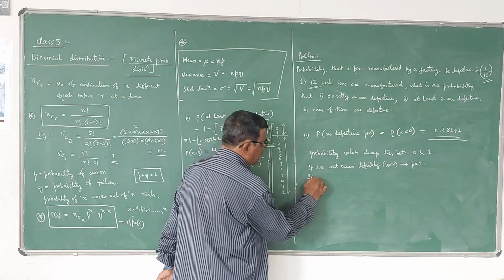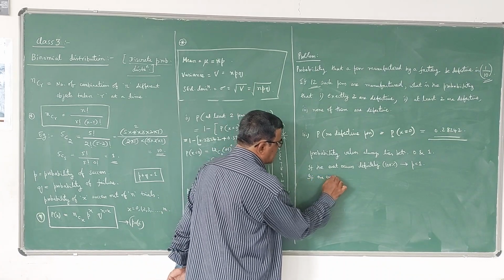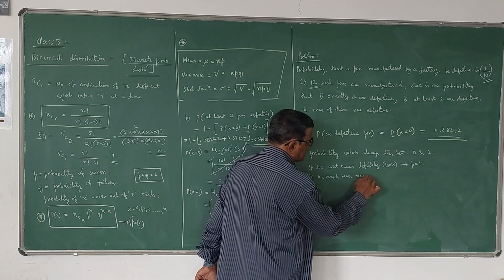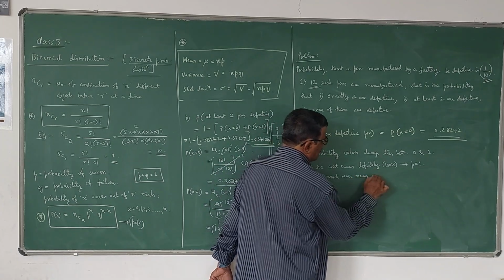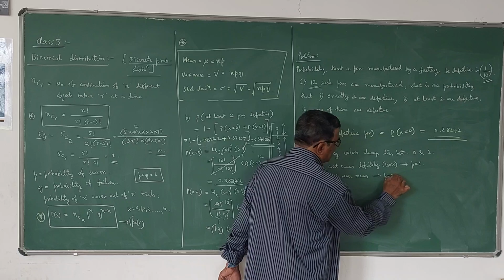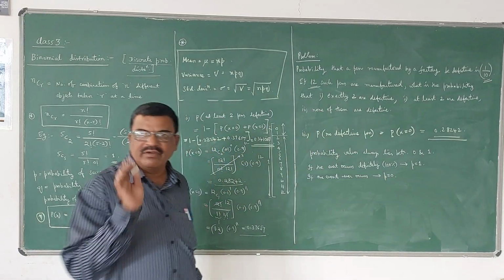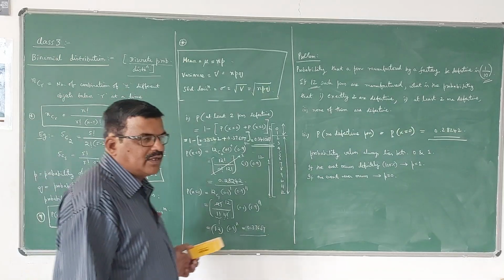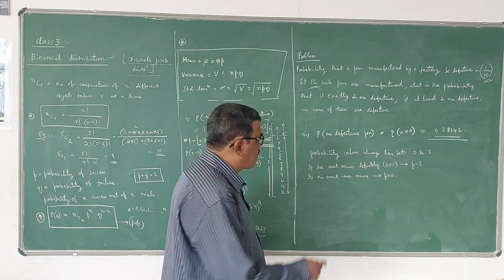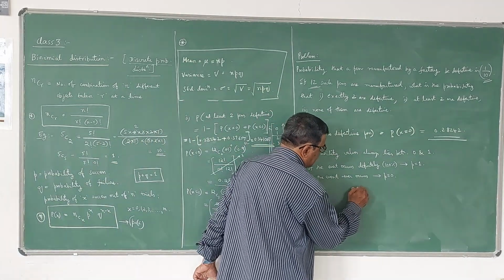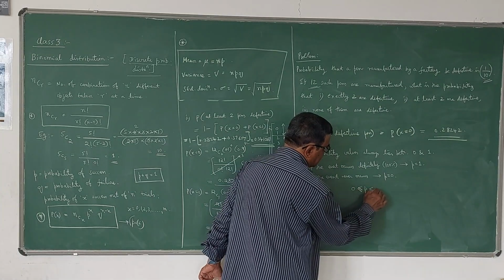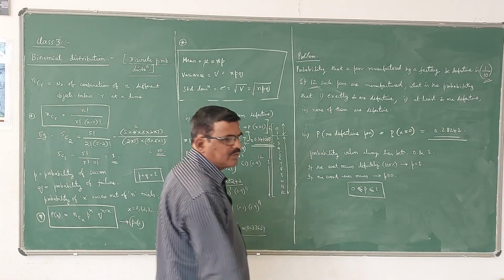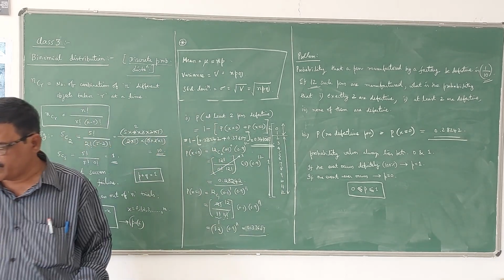If the event never occurs, there is no chance at all, and the probability is 0. So probability is always 0 less than or equal to P less than or equal to 1. Any probability value lies between 0 and 1.